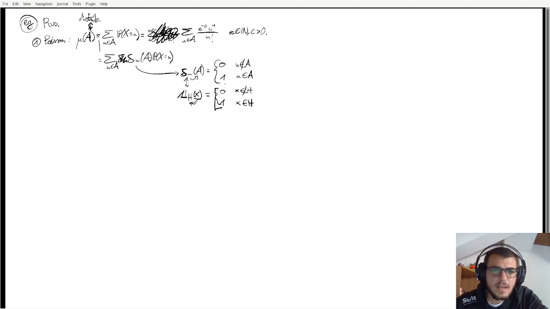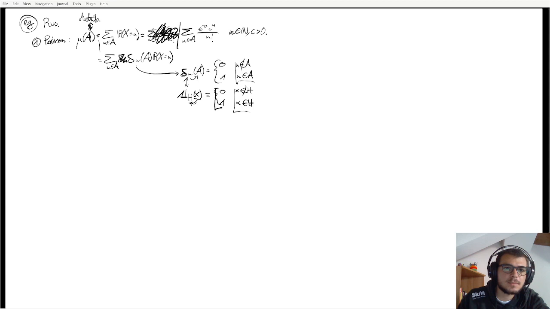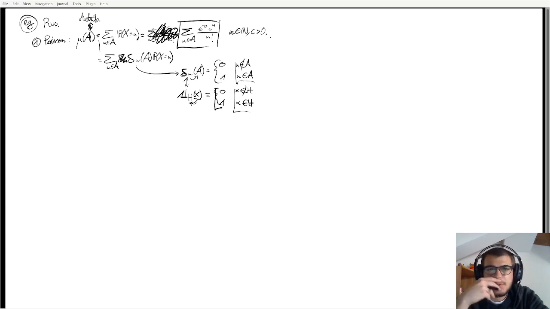But in either case, it's basically the same, since we have the point and then the set. Well, anyway, this thing here is the Poisson distribution.